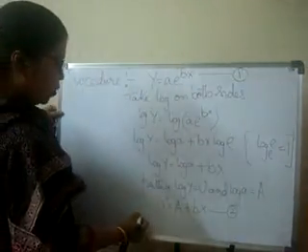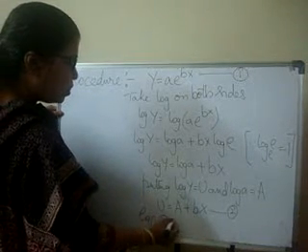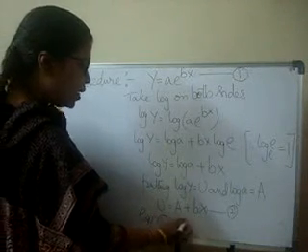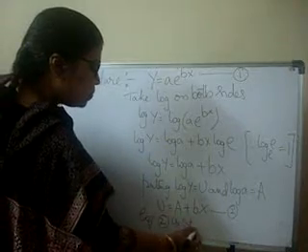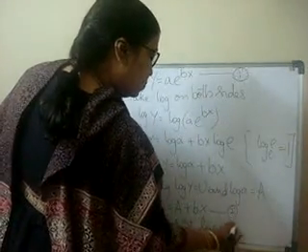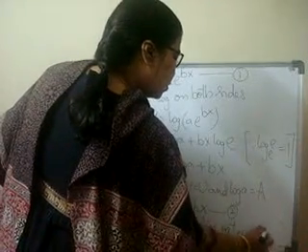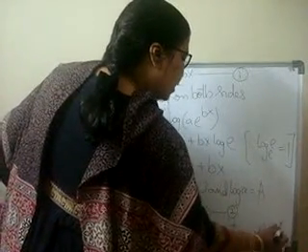Now equation 2 is a straight line in terms of u and x.